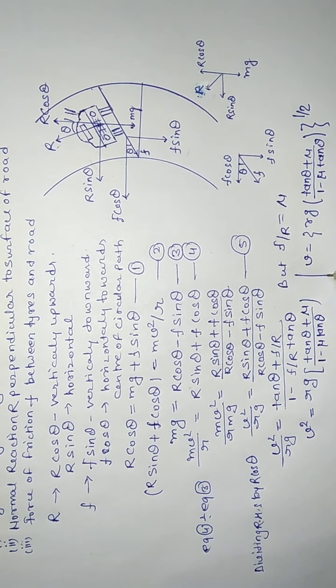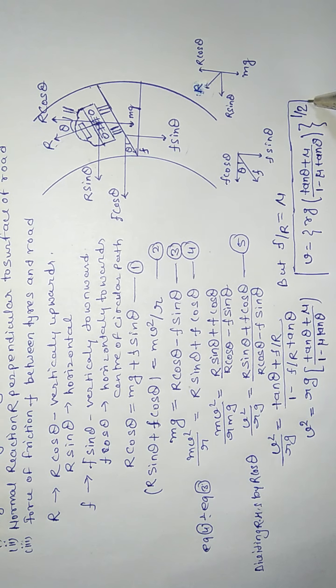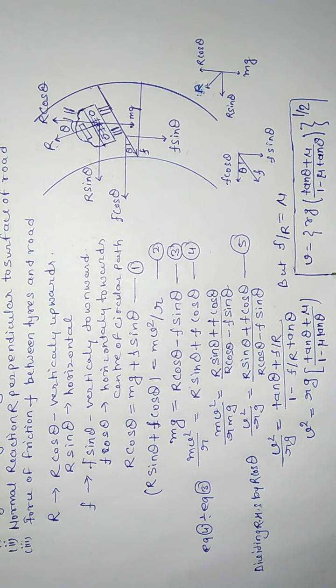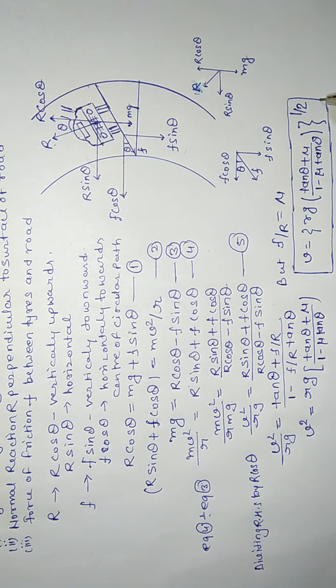So this is the formula for velocity of a car which is moving on a banked circular road if we are considering the friction.